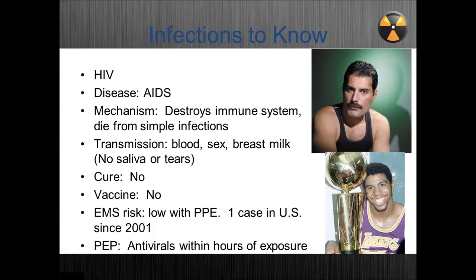So that's pretty good. The odds are in your favor if you follow the rules. If you do get exposed, PEP, post-exposure prophylaxis, it's a long word. That's where you come to see me, and we sit down and have a talk, and we start medications to prevent the virus from getting in.